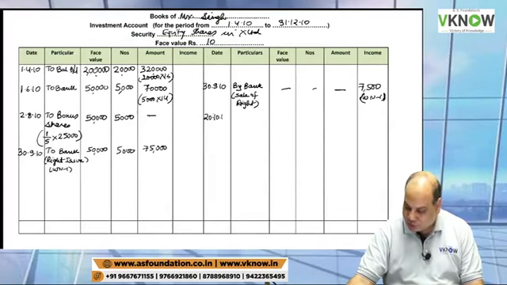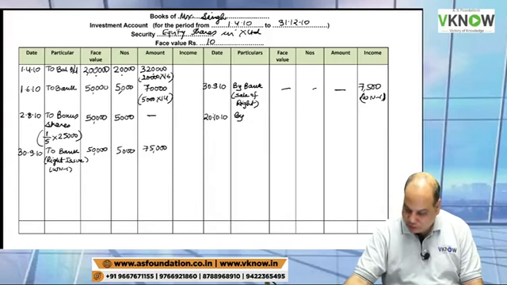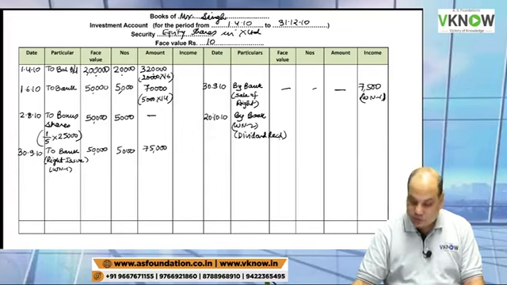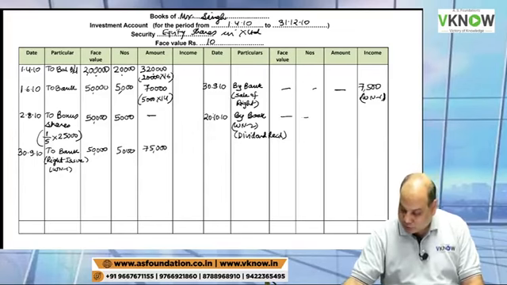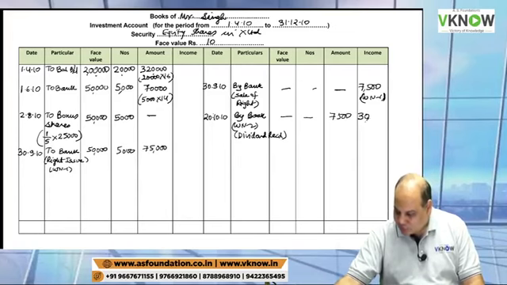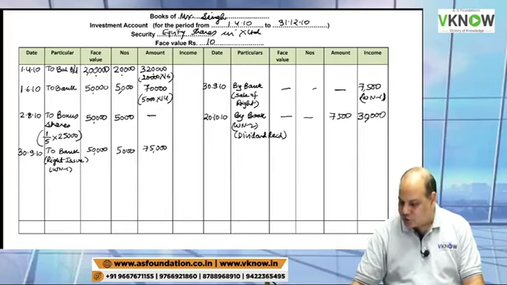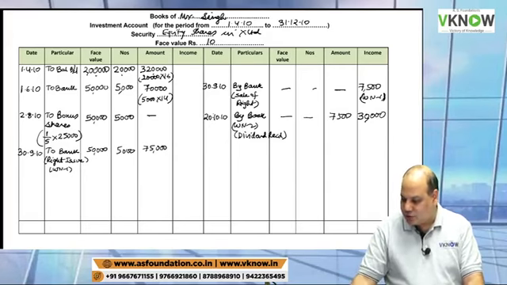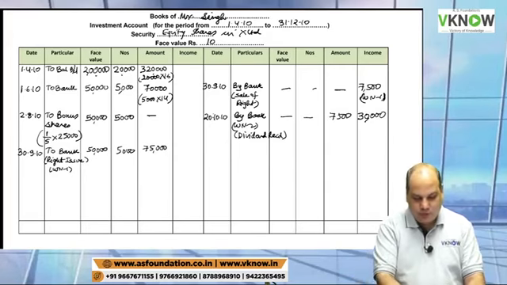Quickly write down by bank, working note 2, dividend received. So in the amount column 7,500, out of pre-acquisition, and in the income column 30,000.